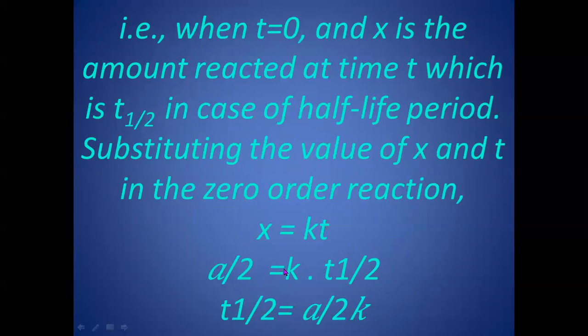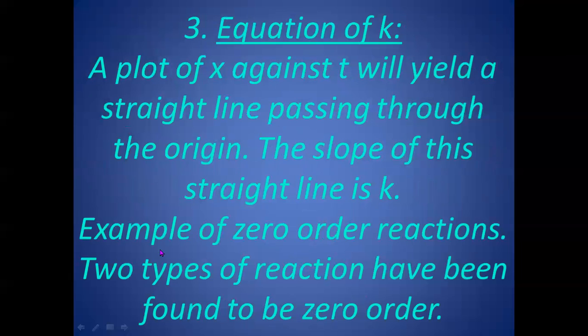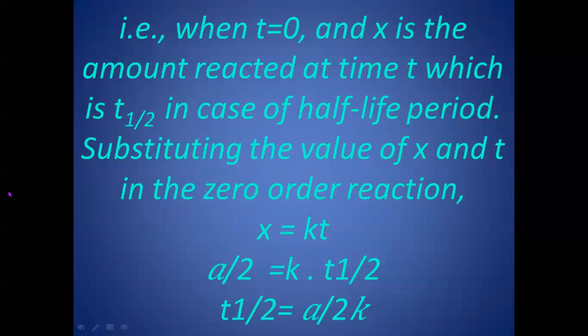Therefore, k you please send to the other side. You will get t half is equal to a by 2k. Now, equation for k is k is equal to a by 2 t half.